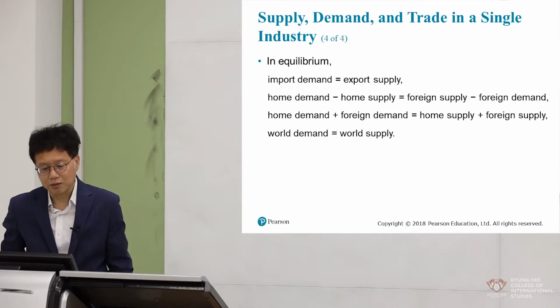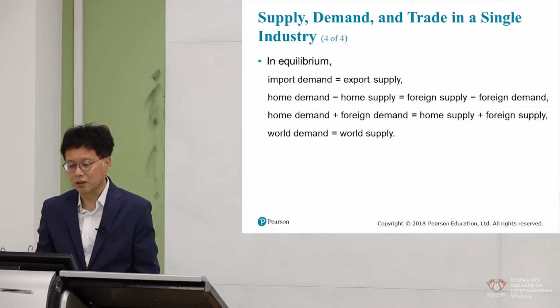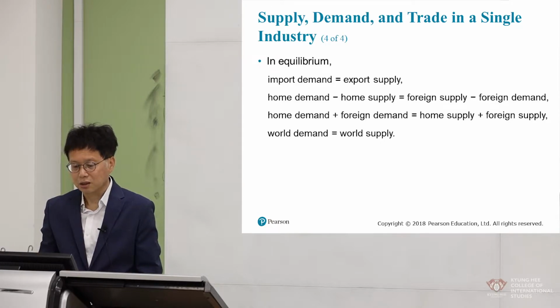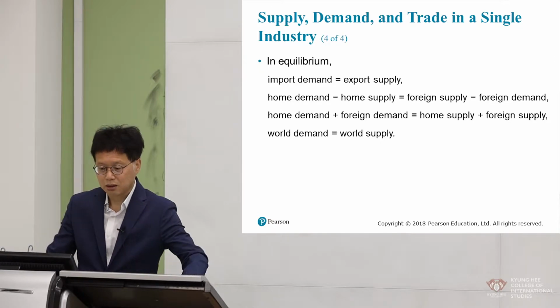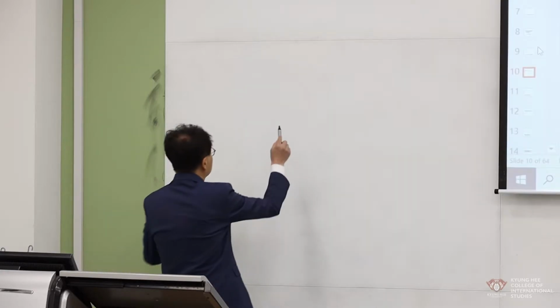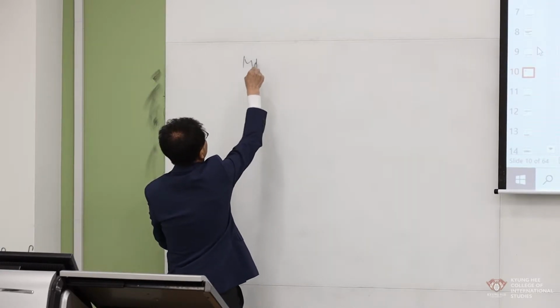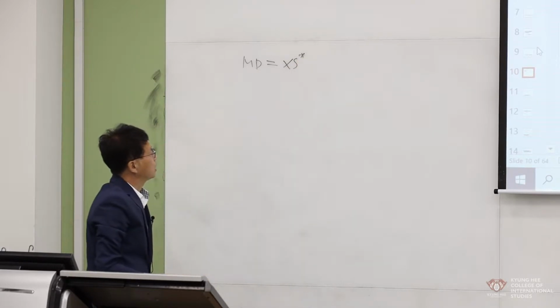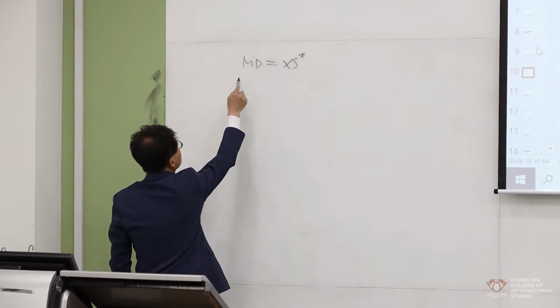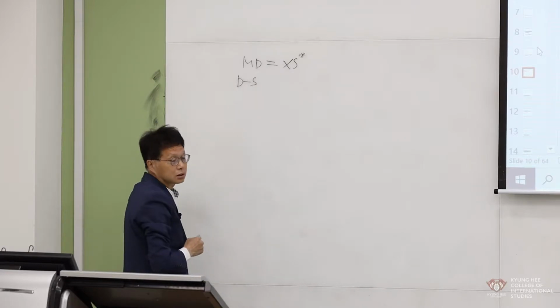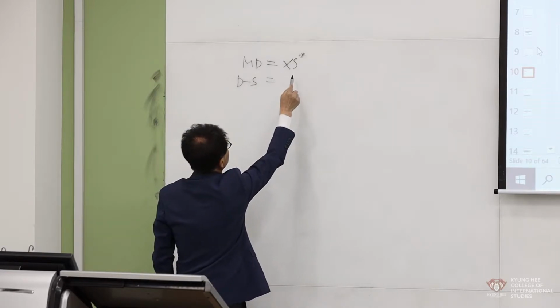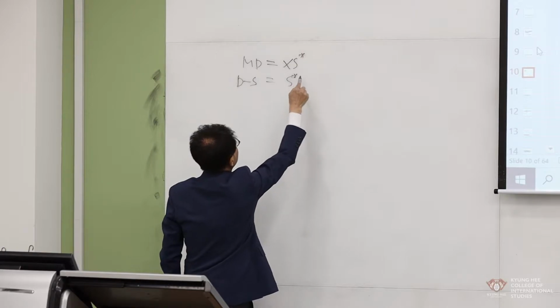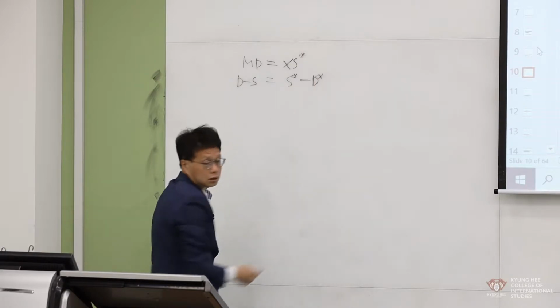So in equilibrium, import demand is equal to export supply. In the world market equilibrium, import demand by home equals export supply by foreign. Import demand is D minus S, and it is equal to the export supply by foreign, S star minus D star.